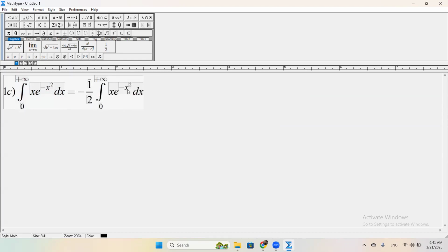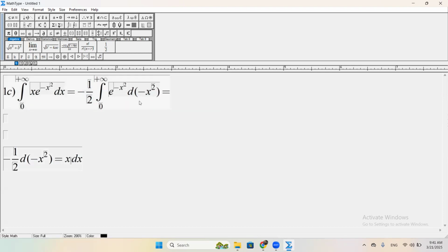We will move minus x squared under the differential. If we differentiate, nothing changes. Let's verify it: minus 1 over 2 d of minus x squared equals x dx.